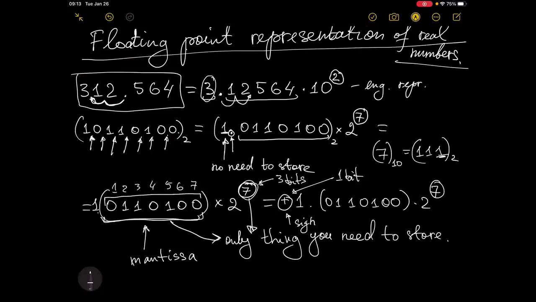So as a result, in order to store this number, we need 11 bits: 7 bits to store the mantissa, 3 bits to store the power of 2, which is called the exponent, and 1 bit to store the sign.